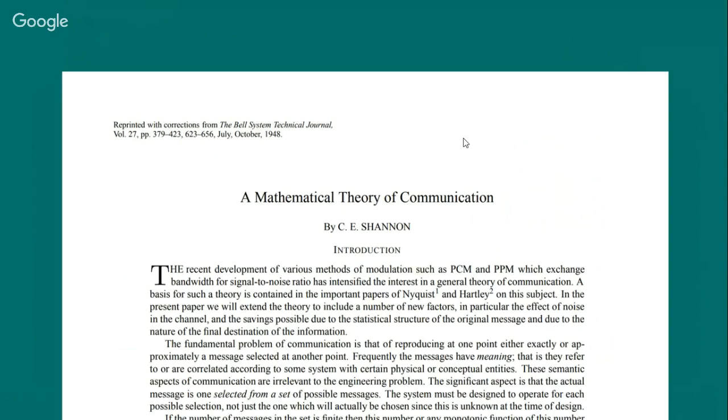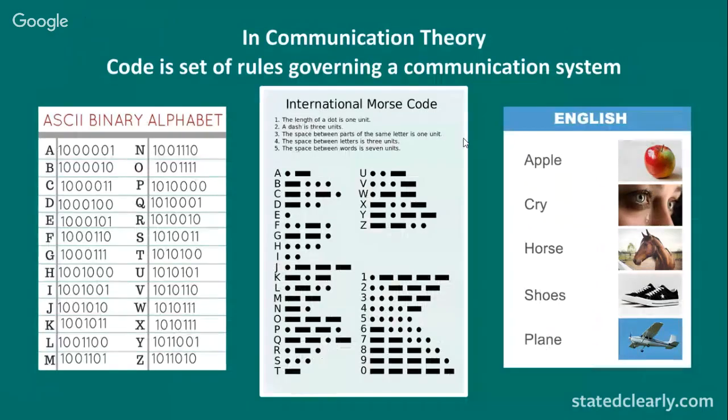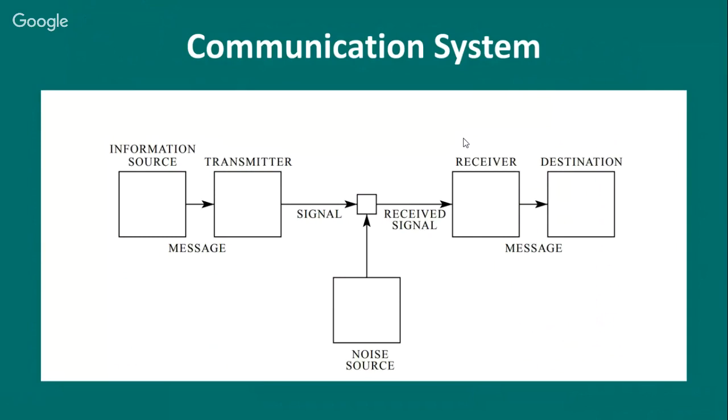Here's that Morse code in the middle. The dots and dashes represent different letters. So da, da, da, and they would hit the little beeper and transmit that information. That would go out through a wire. And so this here in the middle, where we say we have signal and received signal, that represents the wire that the signal is being transmitted through.